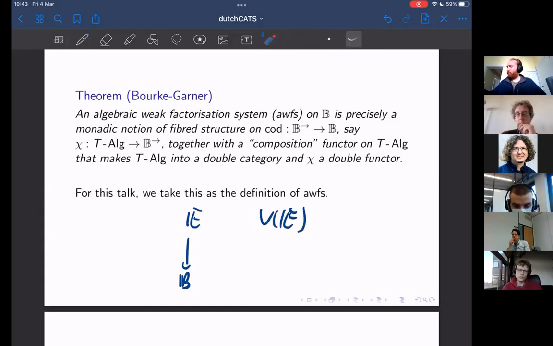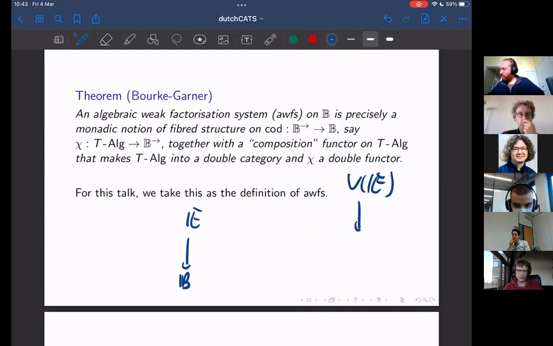So this gives us a composition of two fibrations. We have E to B, and this goes down to B. I guess there's also a domain as well, but let's take the codomain because that's what happens with the definition here.